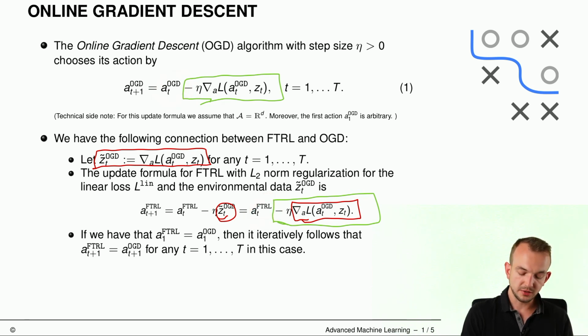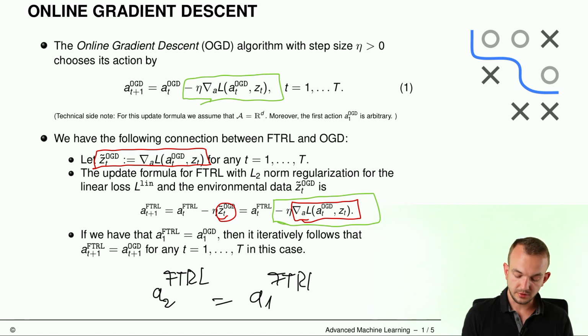But if you start with the same action for both follow the regularized leader and online gradient descent, then for the first time step it is quite obvious: the second follow the regularized leader action, A1 FTRL, is this green box plus this green box.